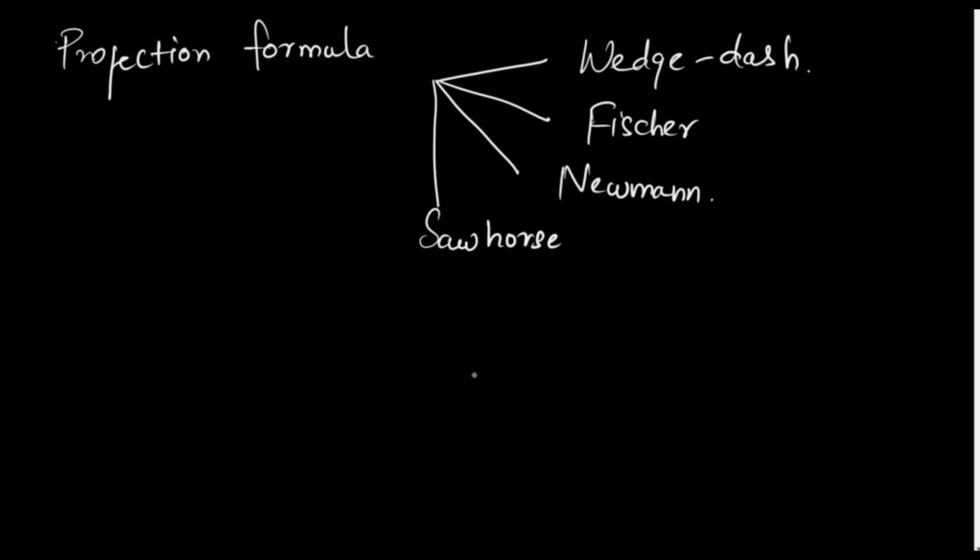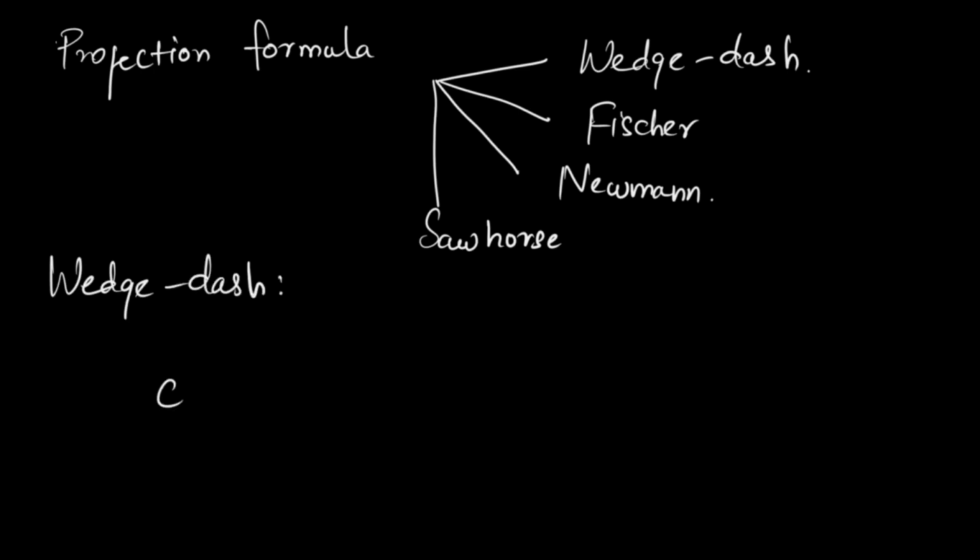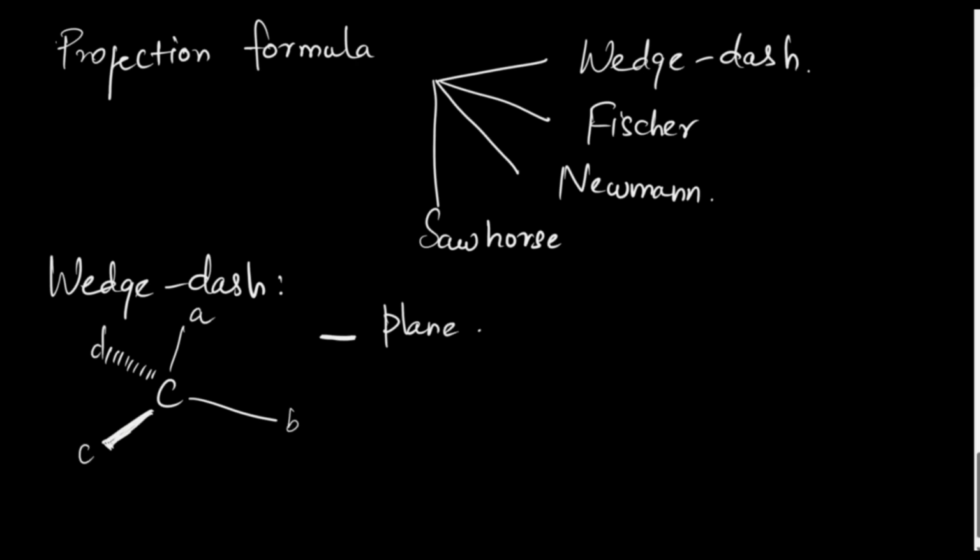Wedge dash is writing it with the 3-dimensional system of, let me write it here, carbon. What are these? So here the simple dash refers to the substituent in the plane. It's on the surface, in the plane.